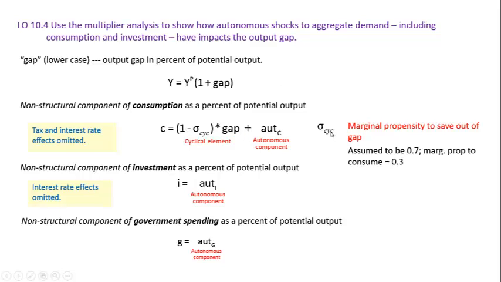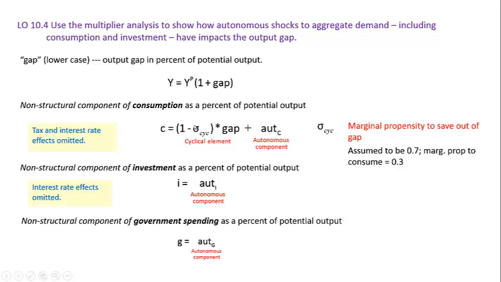So you may remember that the marginal propensity to save is 0.7. That is to say that out of each dollar of transitory income we save 70 cents. That means that the marginal propensity to consume is 0.3, because we either save or we consume.